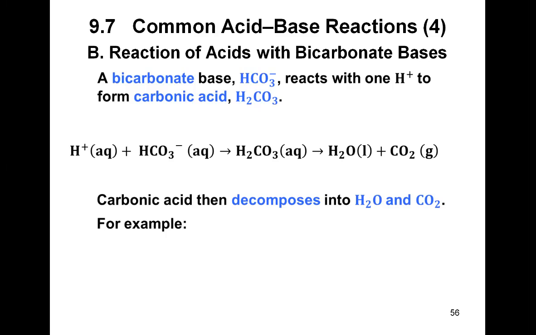And that will also mean the carbonic acid will decompose and become H2O and CO2. And CO2 is a gas and it will escape in the air.